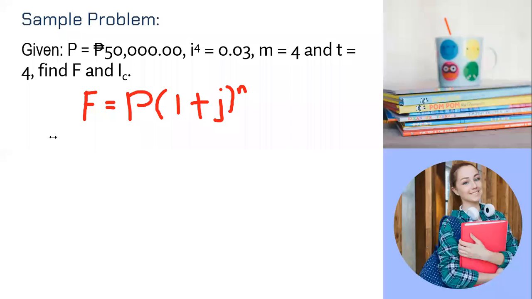So we need to compute first for the N and the J. So para ma-compute si N, ano yung formula ulit natin? N equals MT. Substitute natin. What's the value of our M? 4. The value of our T is 4 din. Tama mga anak? Yes po. So our value of N is 16. Okay? Then for the J, it will be equal to I sub M, which is 0.03 divided by our M, which is 4.